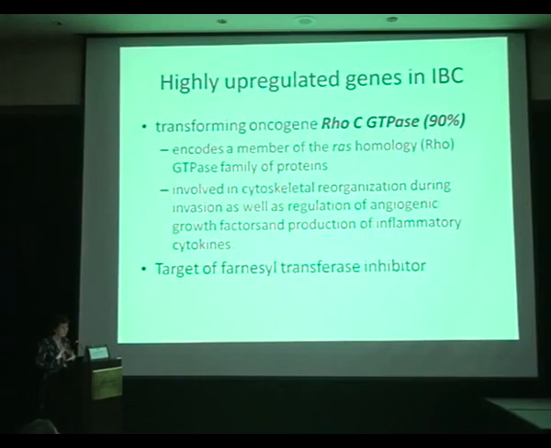They are involved in cytoskeletal reorganization during invasion. So this could be an explanation of the skin invasion feature of this type of tumor. It's important because they are targets of farnesyltransferase inhibitors, and there are clinical trials right now looking at farnesyltransferase inhibitors.